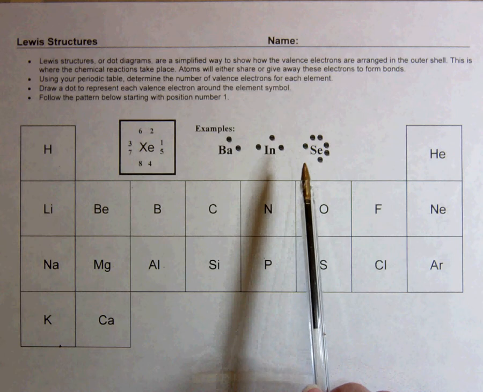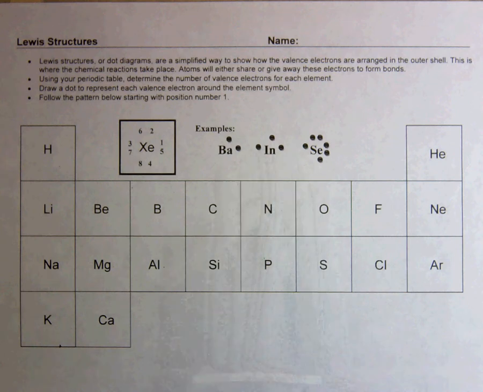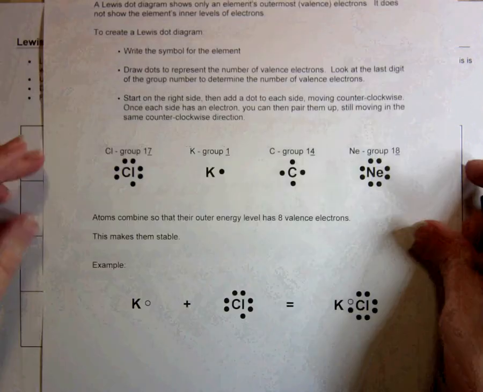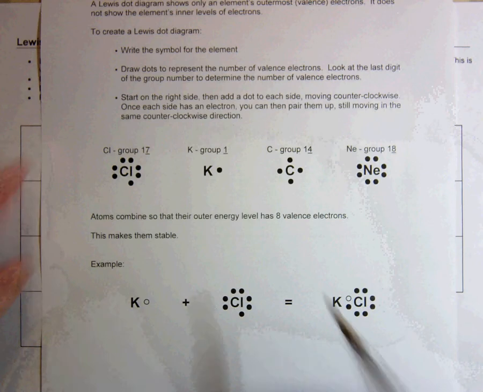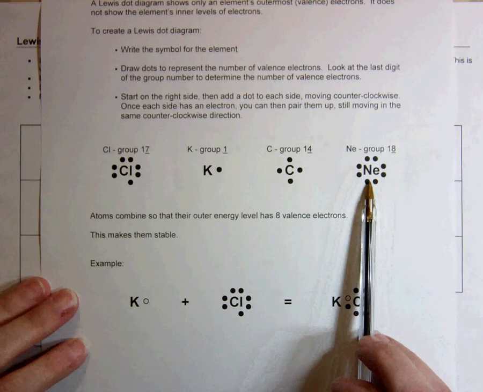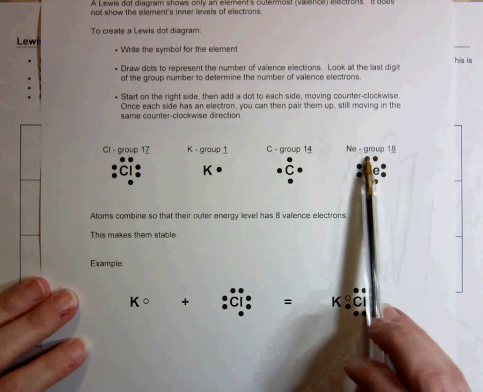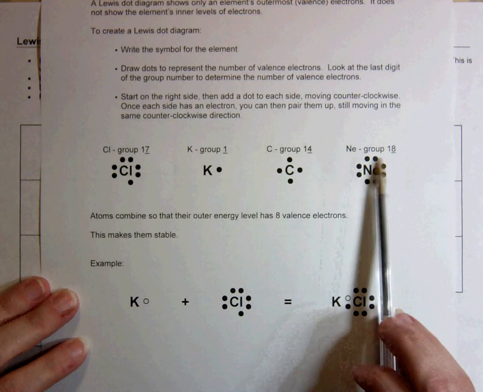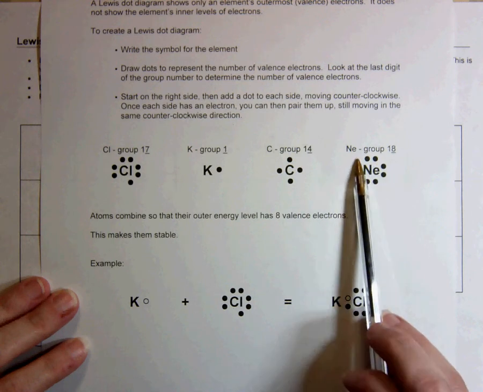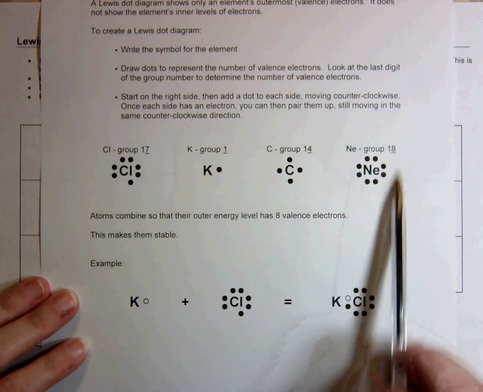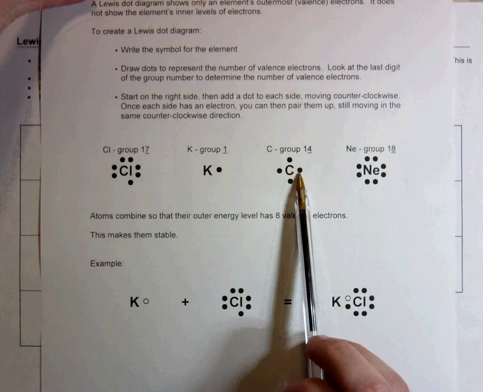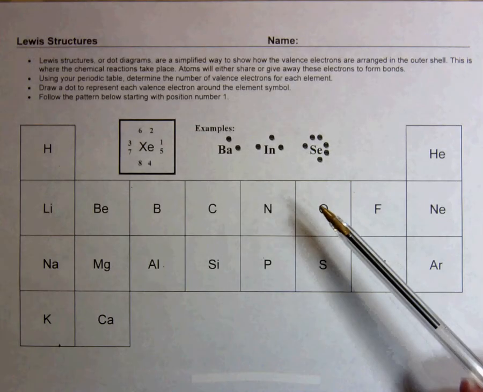Now in your reading, there are examples of Lewis dot diagrams. Let me pull these up here. So notice when you get 8 electrons around an atom, 8 valence electrons, you have 2 across on top, 2 across on bottom, 2 on the left, 2 on the right, going up and down. When you do these, I'd like you to do them in this order.